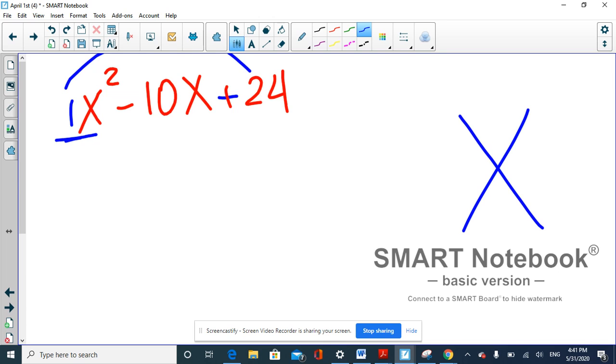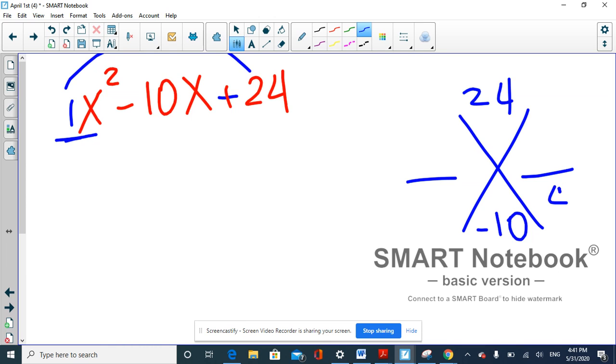Multiply the first and the last one, 24, and you have negative 10. Think about the two numbers. If you multiply, the multiplication is 24, and if you add them, the answer is negative 10.